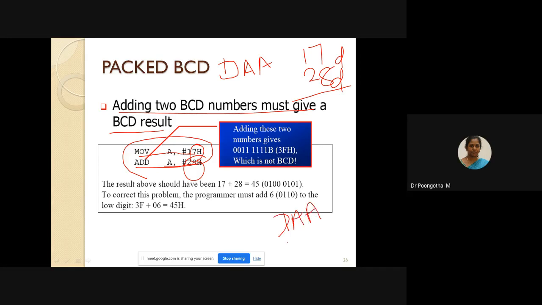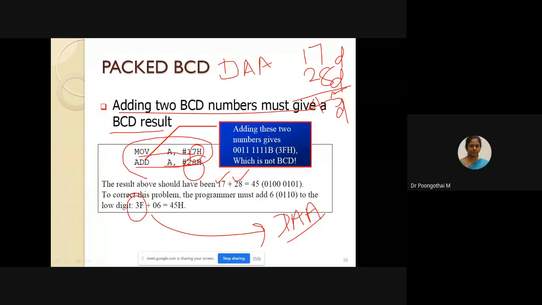Add these two, 17 plus 28. What is the answer? 45. But according to the 8051 addition operation, 17 and 28 added will give 3F. So this answer must be corrected by using the DAA instruction.